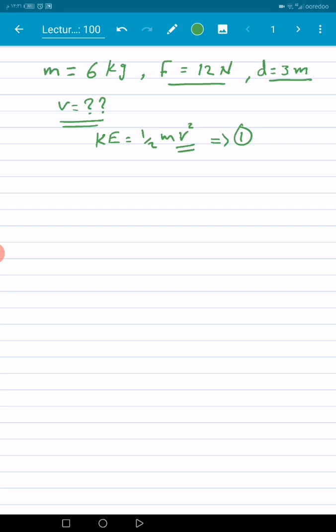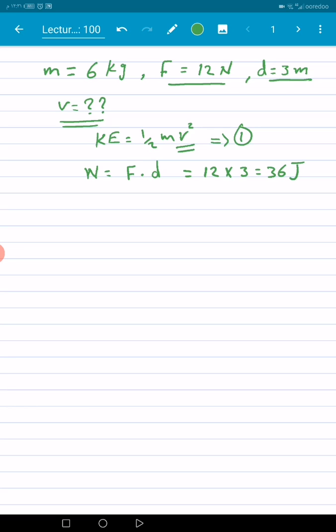So W is equal to F D. It's not mentioned about the cosine or the angle, so don't worry about it, only if he mentioned it and it is given. Not given, so don't worry about it. So 12 multiply 3 is equal to 36 joule.